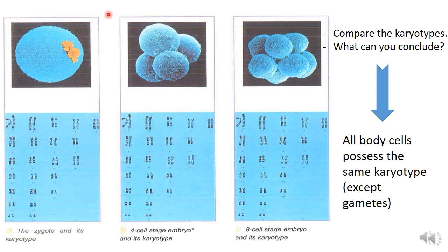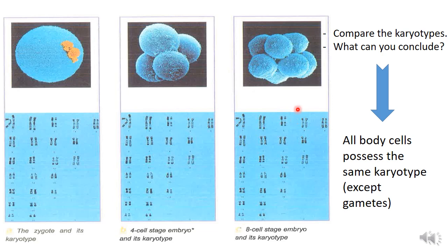Here, the 3 figures that you see, documents A, B, C. The first one corresponds to the zygote and its karyotype. The second one to a 4-cell stage embryo, an embryo made up of 4 cells, and its karyotype. And then in document C, this is an embryo made up of 8 cells, and this is the karyotype of each cell of this embryo.